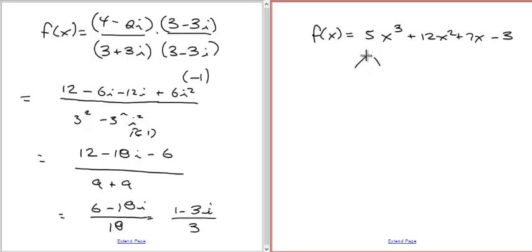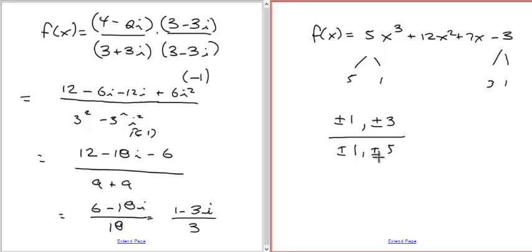So the factors of 5 are 5 and 1, and the factors of 3 are 3 and 1. So the possible rational zeros are going to be the ratio of, let's see which one's the numerator. This one's the numerator, and this one's the denominator. So you have plus or minus 1 and plus or minus 3 divided by plus or minus 1 and plus or minus 5.